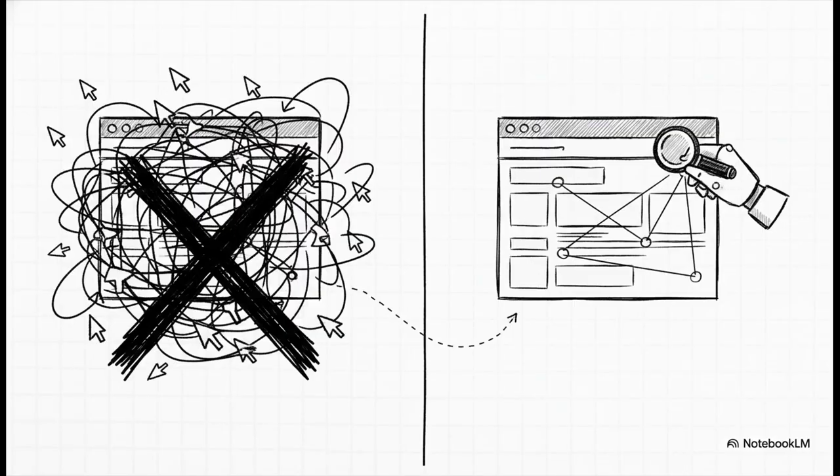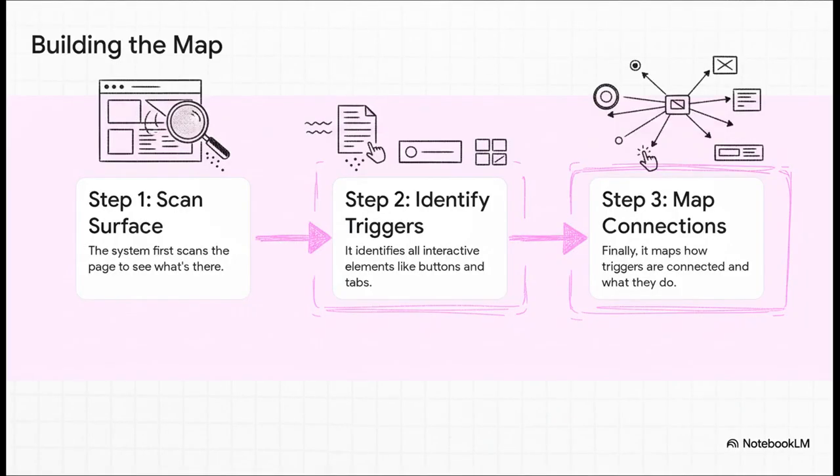Now, I want to be super clear about something. This is not about letting an AI just go wild, clicking on everything it sees. That would be absolute chaos and probably a disaster. No. Instead, this system is all about systematically building an intelligent map of the app's interface. It turns that chaos into order. And it does this by creating something called a state graph intermediate representation.